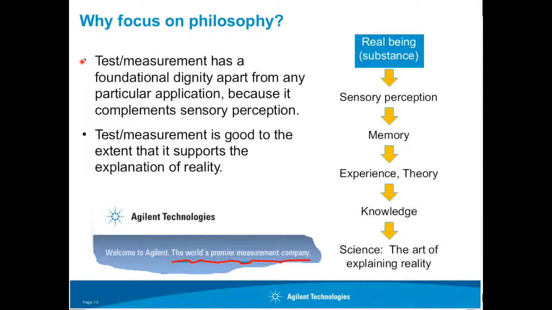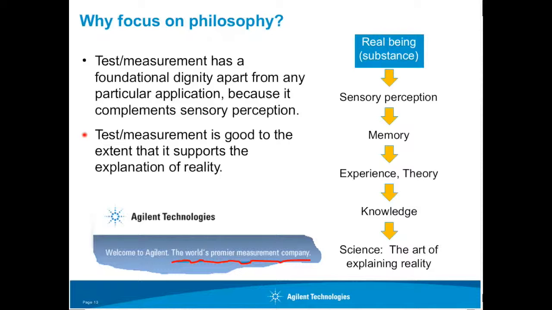The second thing that I hope to communicate is that a philosophical view helps us to judge particular aspects of the discipline of test and measurement. Let's face it, not all test and measurement is good test and measurement, but what's the standard by which we discern that which is good from the bad and the ugly?